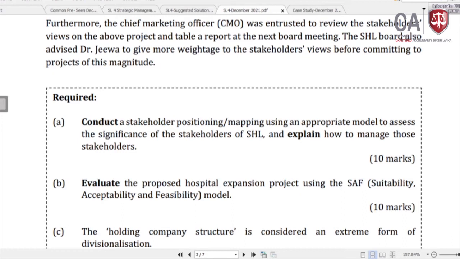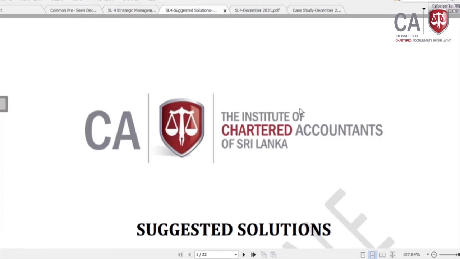I hope it is clear for you, this part A. So, we will see the examiner's answer also in very brief.